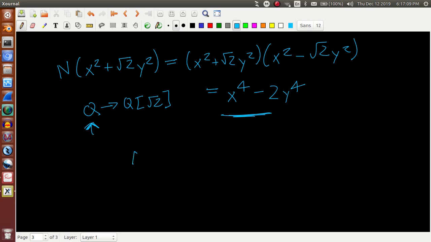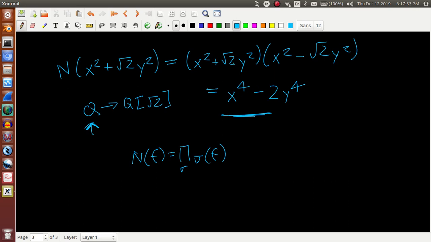And not only that, because of the way norm is defined, it's defined as a product. It's not that hard to see that this is sigma applied to F, but because of the way it's defined, it commutes with multiplication.